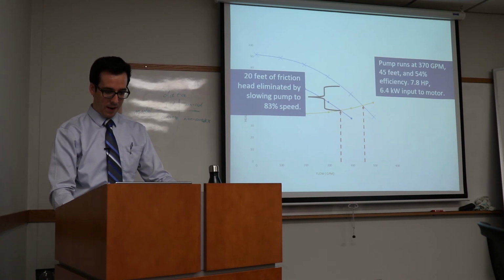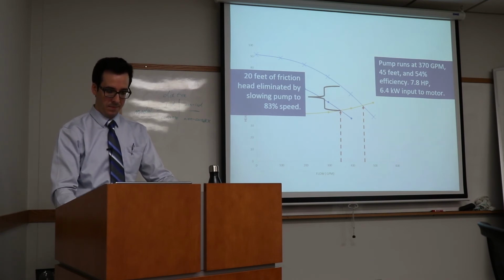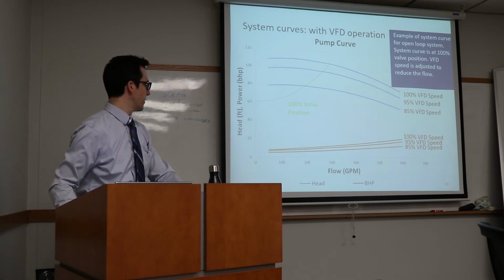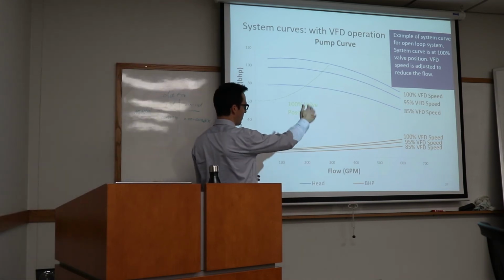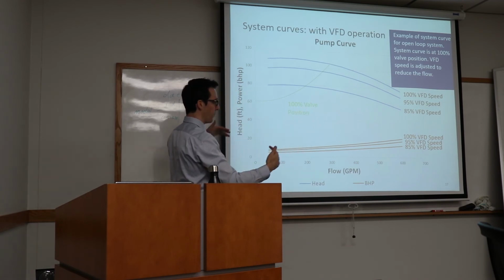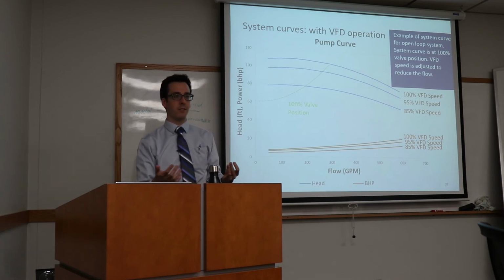And so now we are back to 370 GPM at our design efficiency, but it's a lot less head, right? So this graph just shows different valve positions and speeds and so on. Essentially, how you can get multiple pump curves out of a single pump by having a variable frequency drive.